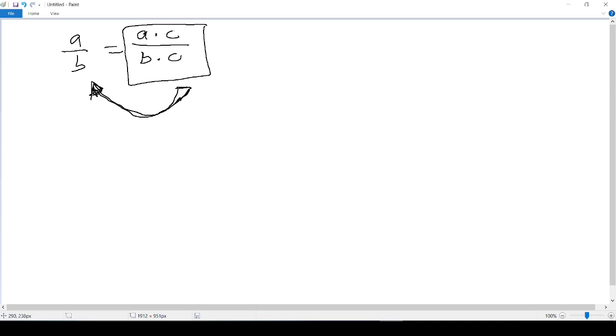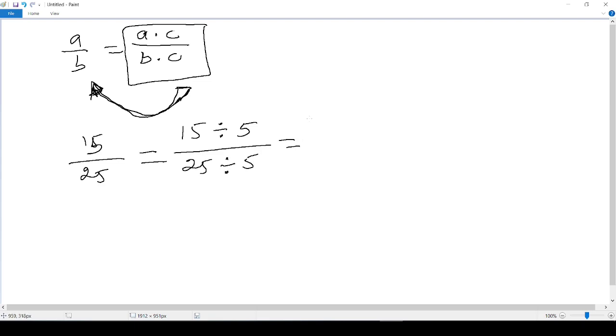So let's take an example of 15 over 25. 15 and 25 can both be divided by 5 with 0 as a remainder. So what we do is, 15 over 25 is equivalent to 15 divided by 5 over 25 divided by 5, and the result is 3 over 5.